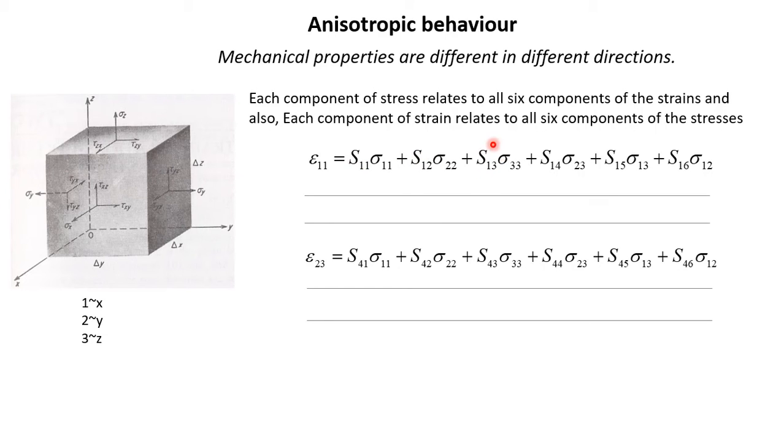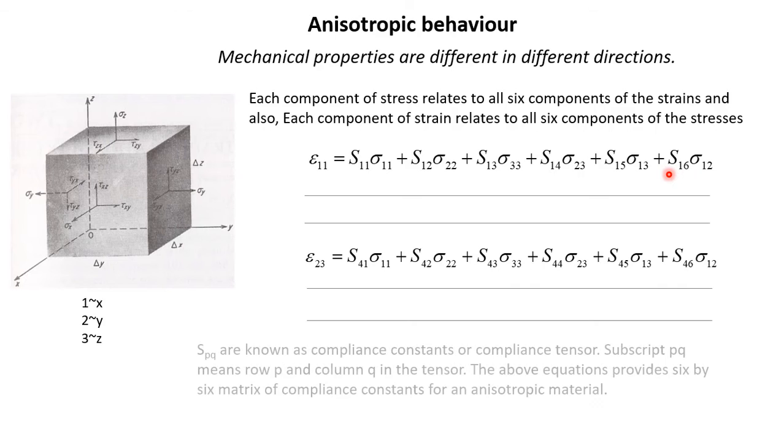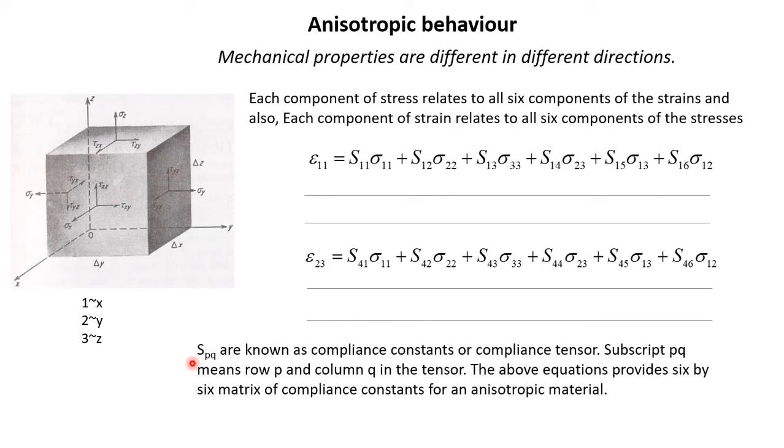These are the material constants here. So we don't have one single property like Young's modulus or shear modulus, but here we have got many values of these properties. So S_PQ here are known as compliance constants or compliance tensor.